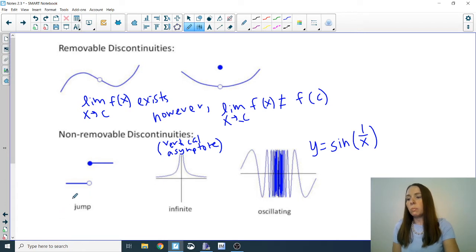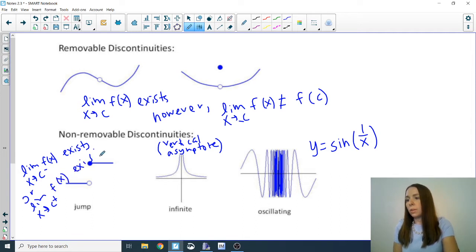A little bit more to that, though, is that the limit as x approaches c of f of x from the left exists, meaning it's a real number, and the limit as x approaches c from the right of f of x exists. However, they don't match, or you could just say the limit as x approaches c of the function does not exist.